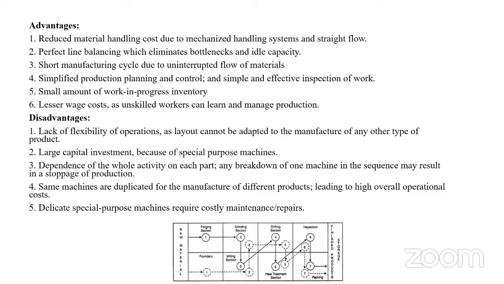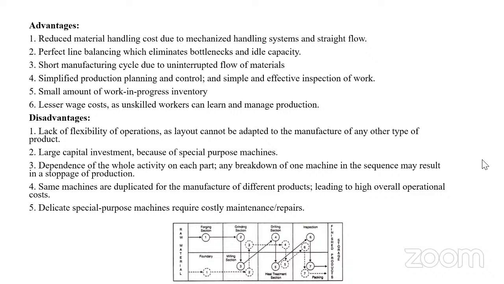And the disadvantages could be lack of flexibility of operation, as layout cannot be adapted to the manufacture of any other type of product, large capital investment because of special purpose machines, dependence of the whole activity on each part. Any breakdown of one machine in the sequence may result in a stoppage of the whole production.